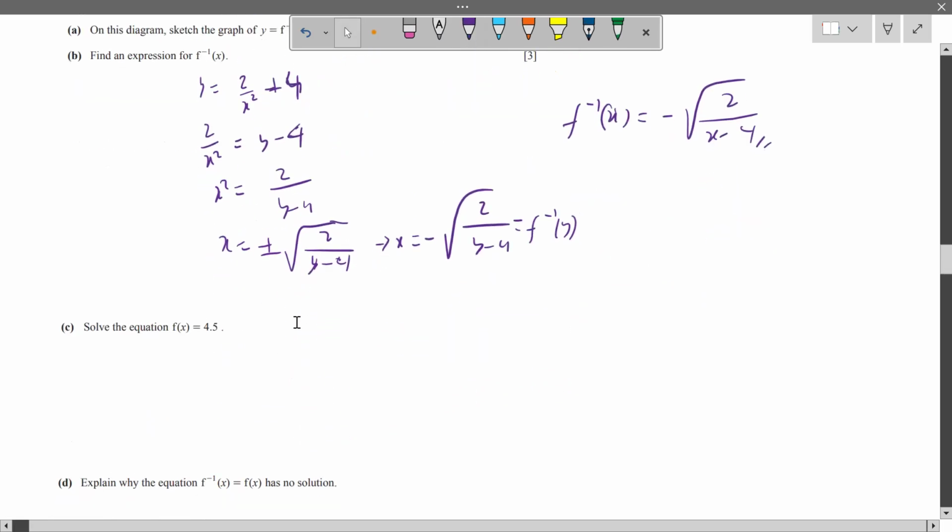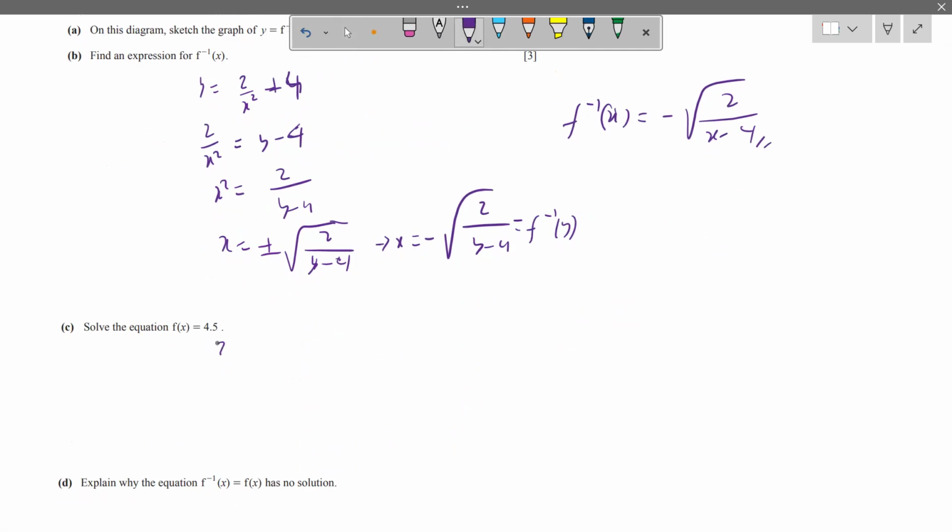All right. Now solve this equation f of x equals 4.5. So recall that f of x is 2 over x squared plus 4, and this has to be equal to 4.5 or 9 over 2. So 2 over x squared equals 1/2. x squared is equal to 4. And that means x is equal to, under normal circumstances, x equals plus minus 2.